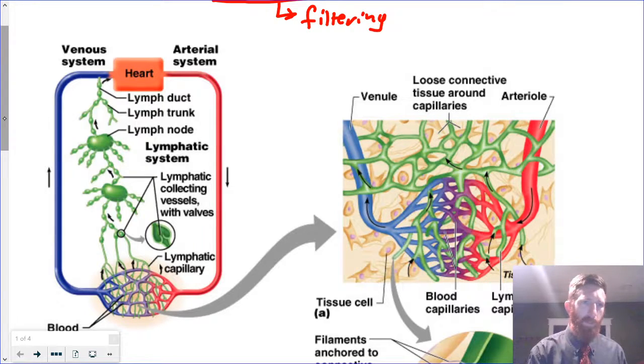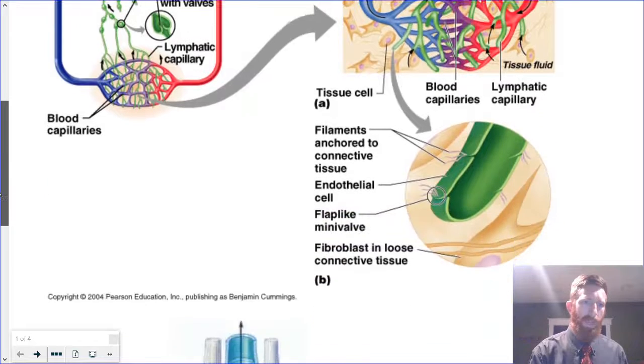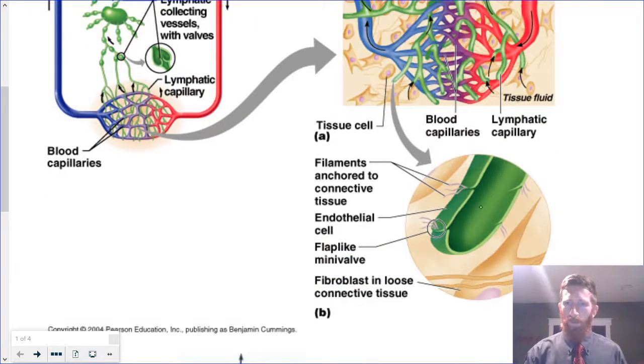The way that the lymph system does that, we can zoom in right here on the end of one of these lymph tubes. These lymph vessels have special little valves. We can see this little purple stuff, these things are anchored to the soft connective tissue around there.